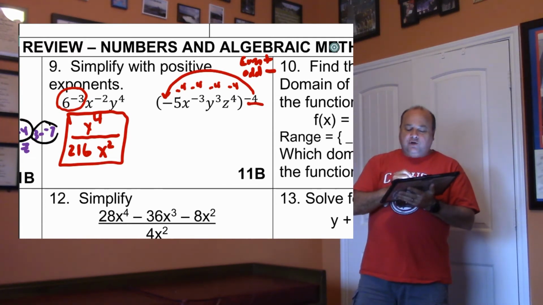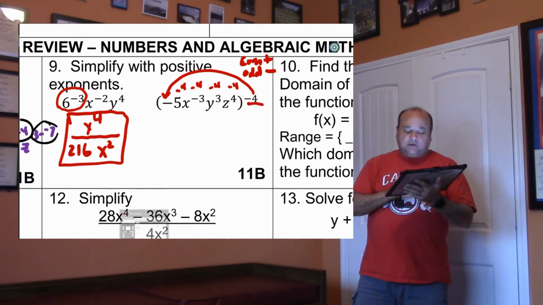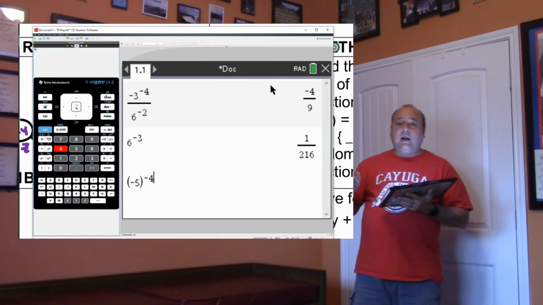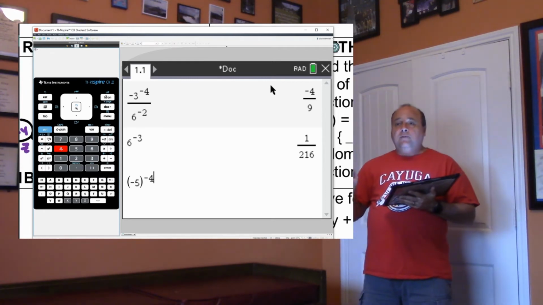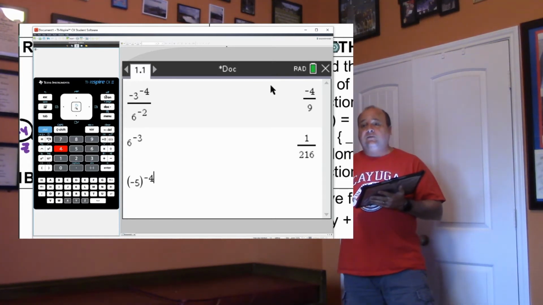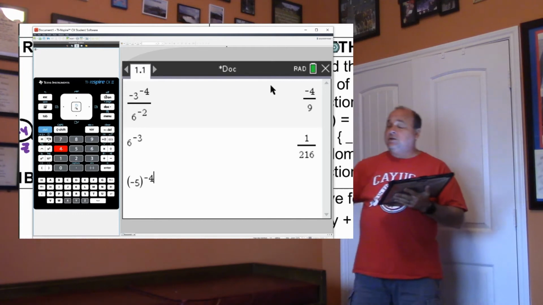Now then, I need to do the 5 to the negative 4. You could do this. Let's go to the calculator. Type in parentheses, put negative 5, close parentheses, caret negative 4. That's basically what you're doing to get the number. This should end up being a positive answer because the negative counts 4 times, and then we're going to do 5 times 5 times 5 times 5, which should be 625.